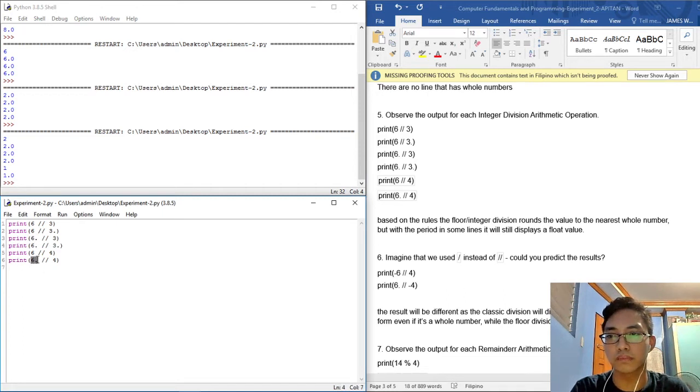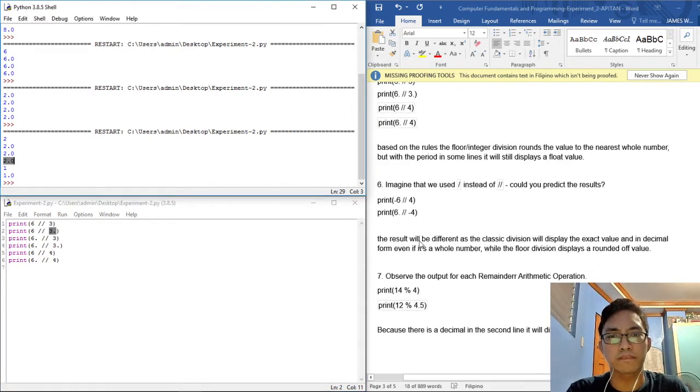And the sixth line is also a float. Using the integer division, based on the rules, the integer division or floor division rounds the value to the nearest whole number and the lowest integer. But with the period in some lines, as you can see here, it will still display a float value or a decimal.